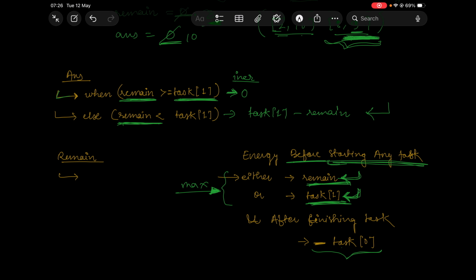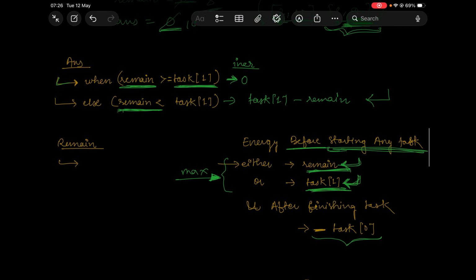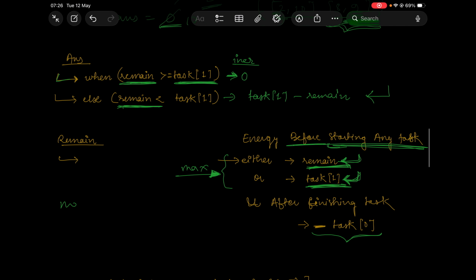We subtract the actual energy consumed, that is task[0]. So from max of remaining and task[1], which is what we needed before we start, after finishing we subtract task[0].